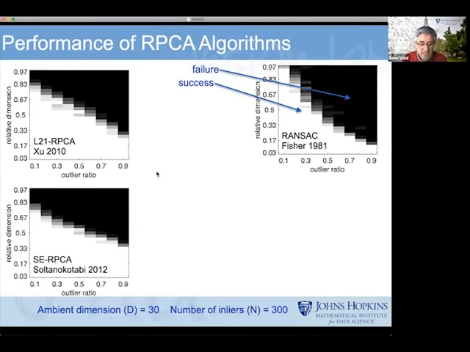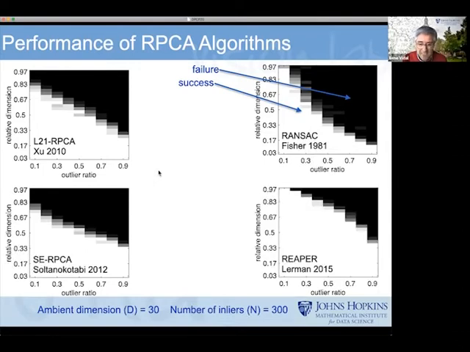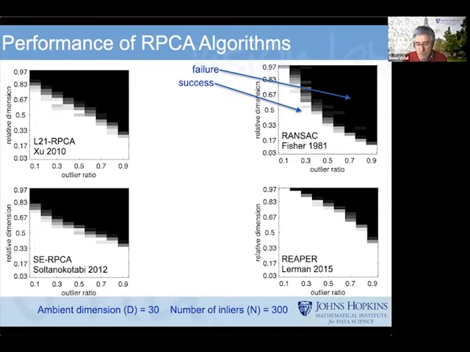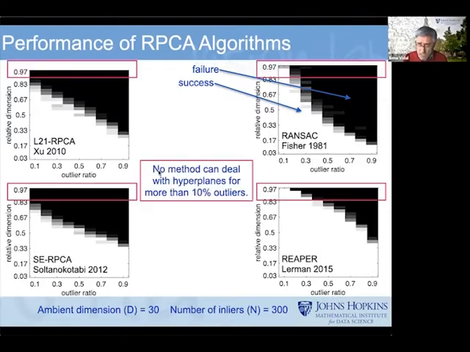This is the self-expressive method from Candes, and this is the Reaper method. I hope you appreciate that the Reaper method is clearly better, in the sense that the percentage of the time that it works is higher. But all these methods fail when the dimension of the subspace is high relative to the ambient dimension. For example, hyperplanes in this case would have dimension 29 relative to the ambient dimension 30.